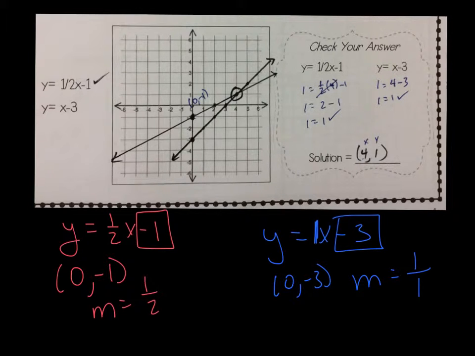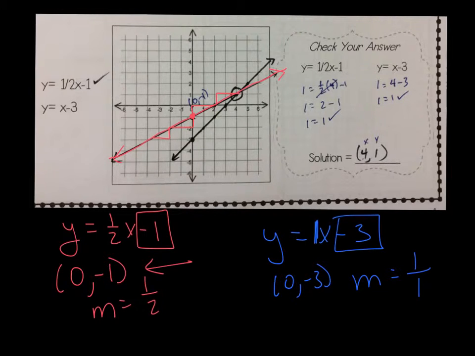Now, let's go ahead and plot these. So at 0, -1, that's this right here, we're going to go up 1, right 2, up 1, right 2. Now, we could also go down 1, left 2, down 1, left 2. And notice it still creates the same line that we're looking for.